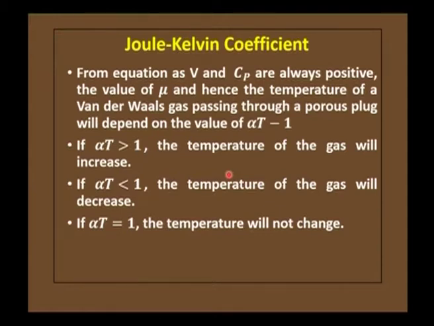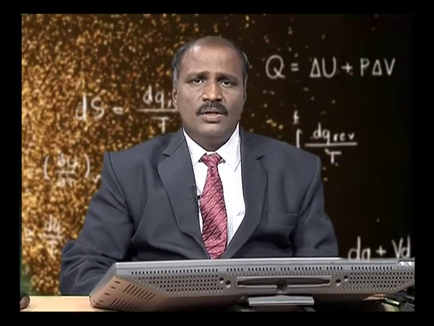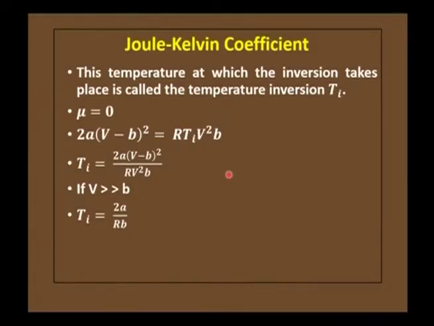If alpha T is greater than 1, the temperature of the gas will increase, and if alpha T is less than 1, the temperature of the gas will decrease, and if alpha T is equal to 1, the temperature will not change. Therefore, after defining this Joule Kelvin coefficient, after deriving this equation, we will define what is inversion temperature. This is the temperature at which the inversion takes place. This is also known as temperature of inversion.